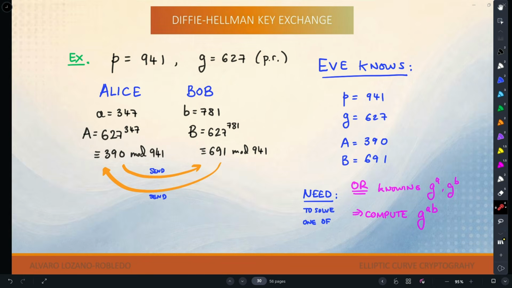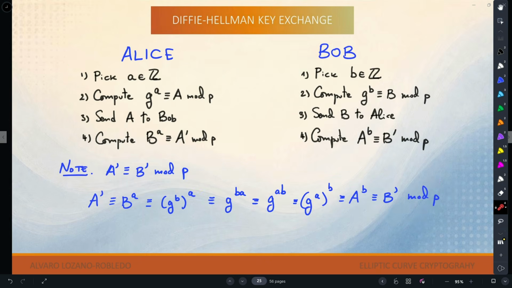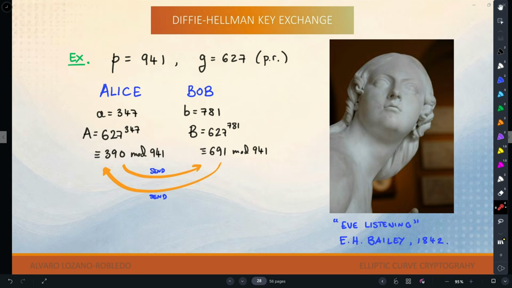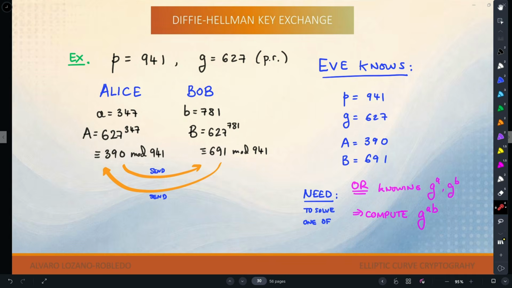Or there is another possibility, which is that at the end of the day, if you go back to how we computed the key, it is also G to the AB. So there's a different strategy: if I know G to the A, and I know G to the B, can I compute G to the A times B?